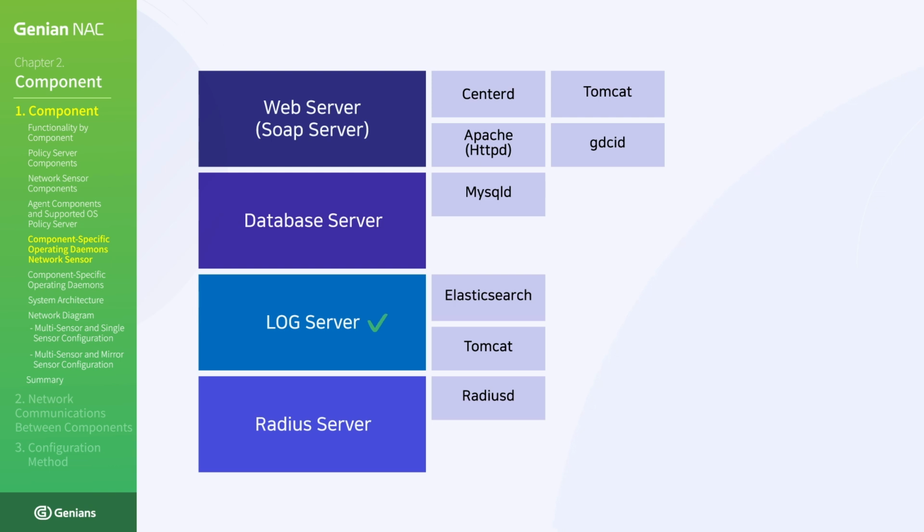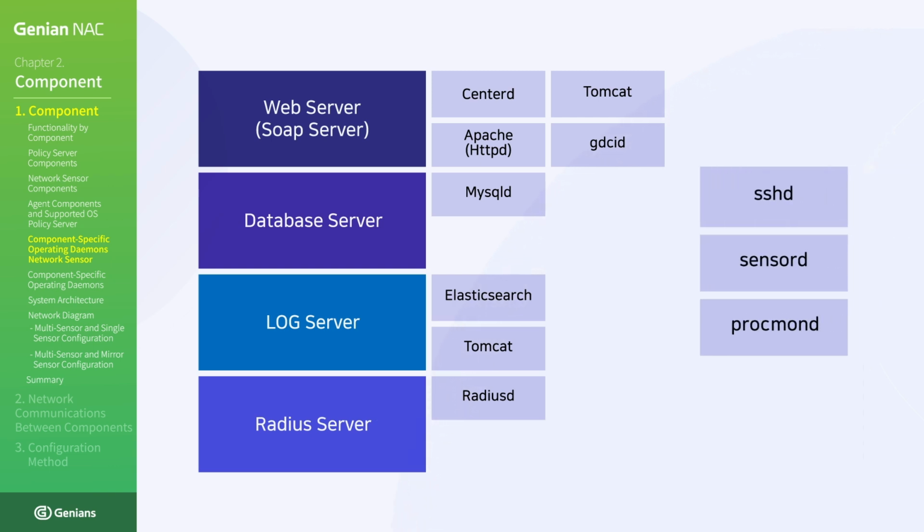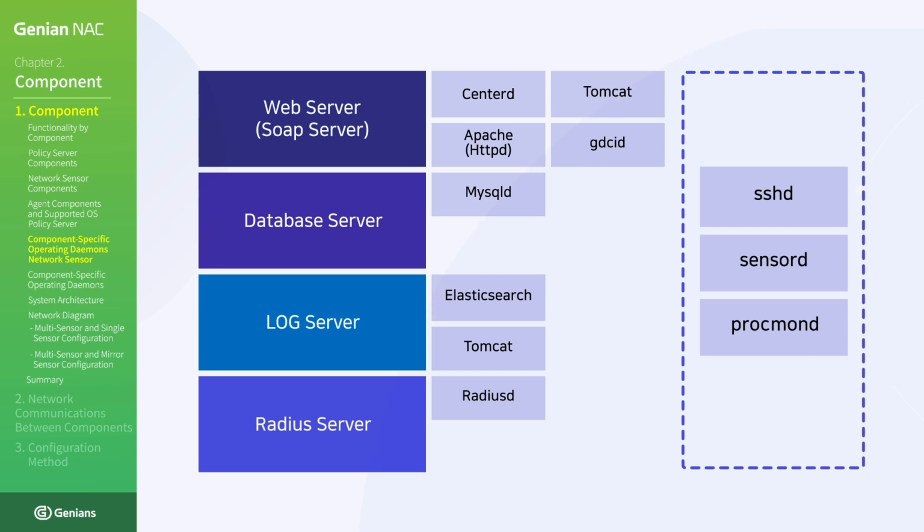Log server runs on Tomcat and utilizes the Elasticsearch daemon as a dedicated search engine. 4. Radius server. The Radius daemon, based on open-source software, is used. Additionally, common daemons such as SSHD for secure shell access, SensorD, and Procmon for monitoring are also executed.